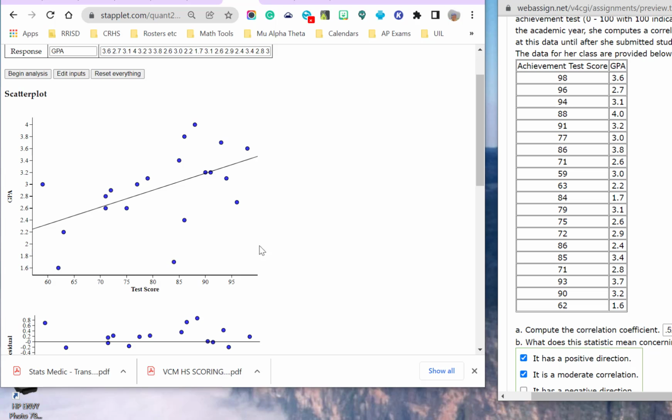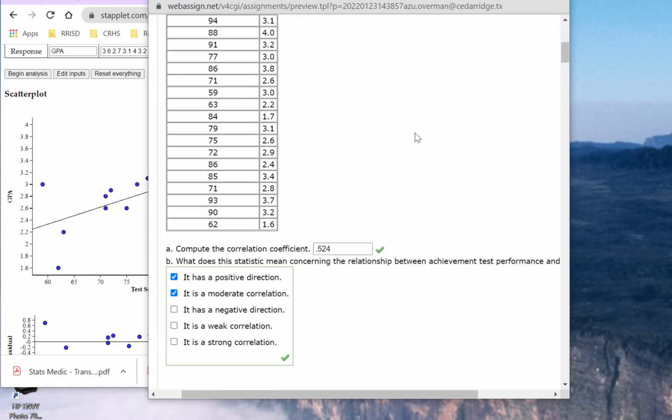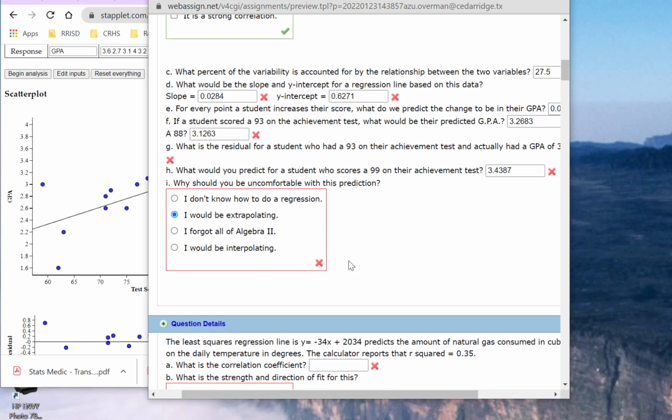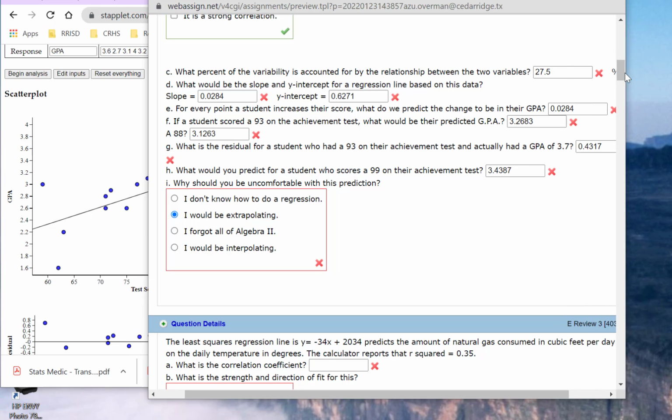And yeah, it looks like my highest data point was a 98. It's just outside. Interpolating is when you use it inside the range. I'm going to double check that one because that's pretty close on the range. I'm surprised I did that.